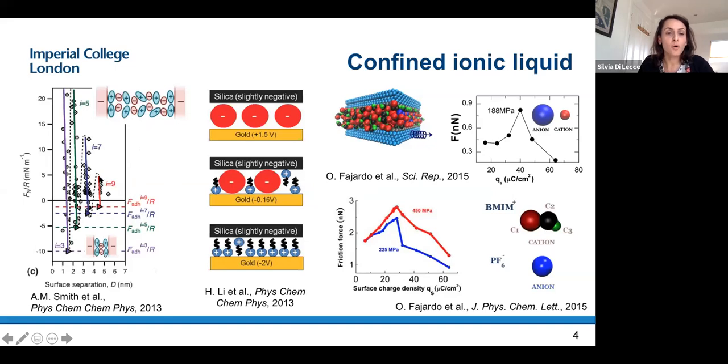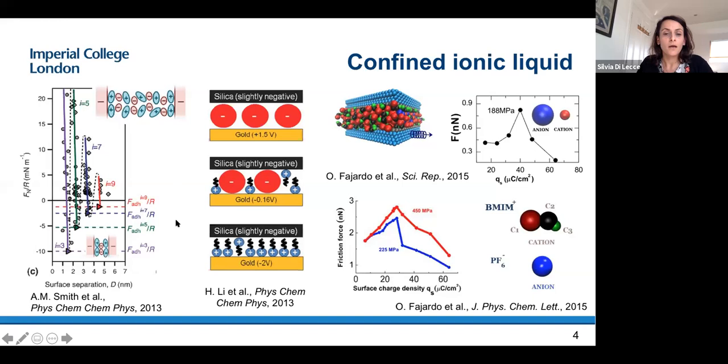When we jump from one branch to the other, there is a decrease of the thickness and a decrease of the number of ionic liquid layers, which are basically squeezed out. In that case, two layers of ionic liquid are squeezed out in order to maintain the electroneutrality of the confined film.